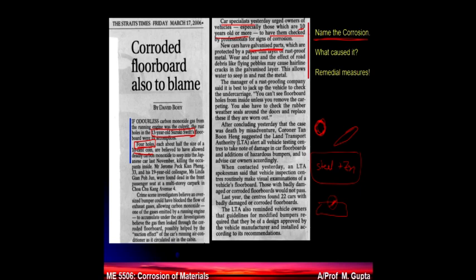Remedial measures: maintenance. Maintenance is the best remedial measure for under deposit corrosion. Now what happens, for example, in the Singapore Defense Forces, with amphibious vehicles which go into the sea and come out of the sea? Amphibious means you can run on the land and you can run in the sea also.